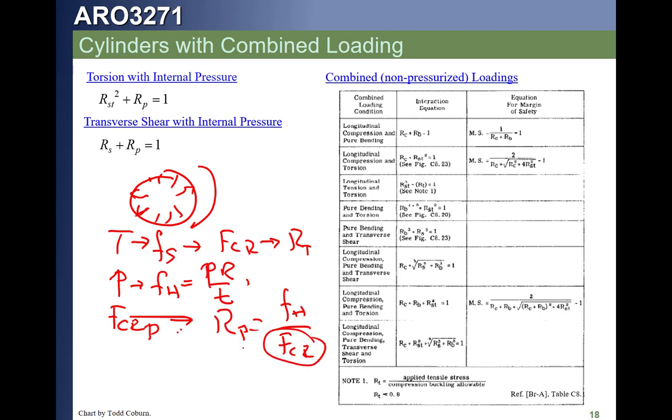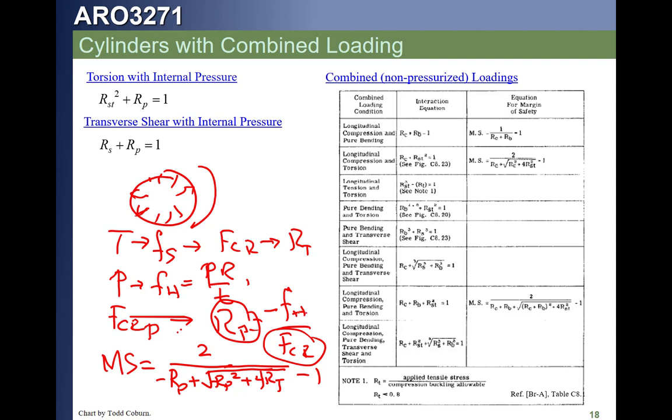However, that F critical is really for a crush pressure, which means our hoop stress, because it's based on internal pressure, is actually tensile. Well, tension is a negative compression, so we'll plug in a negative sign. What that means is our RP is now going to be negative. When we plug into our margin of safety equation, which was 2 over RP plus square root of RP squared plus 4 R torsion squared, minus 1, wherever we see this RP, that will now be a negative value because of that negative sign.